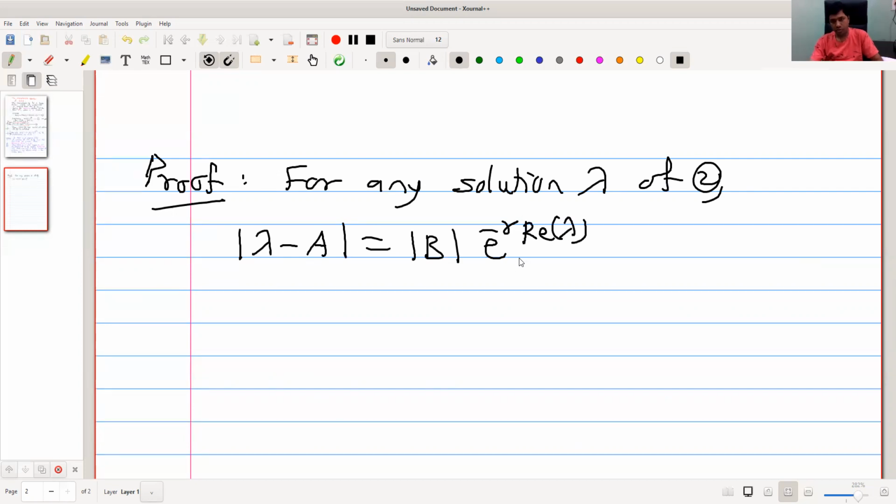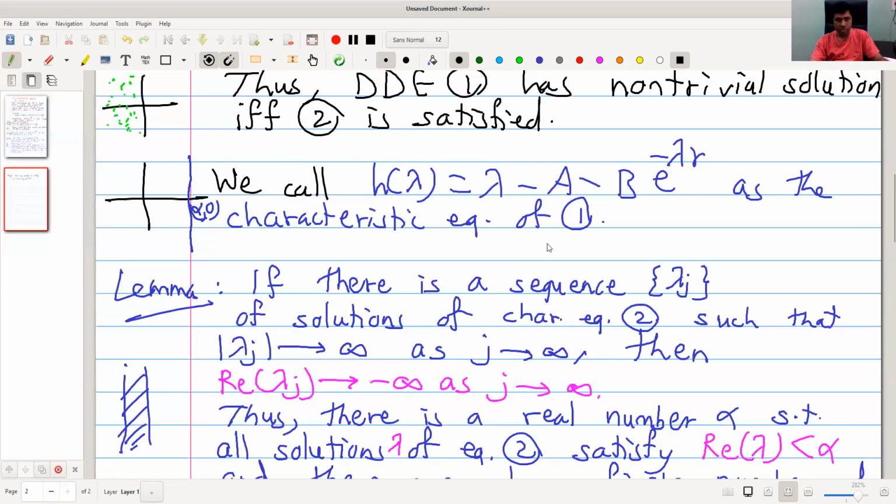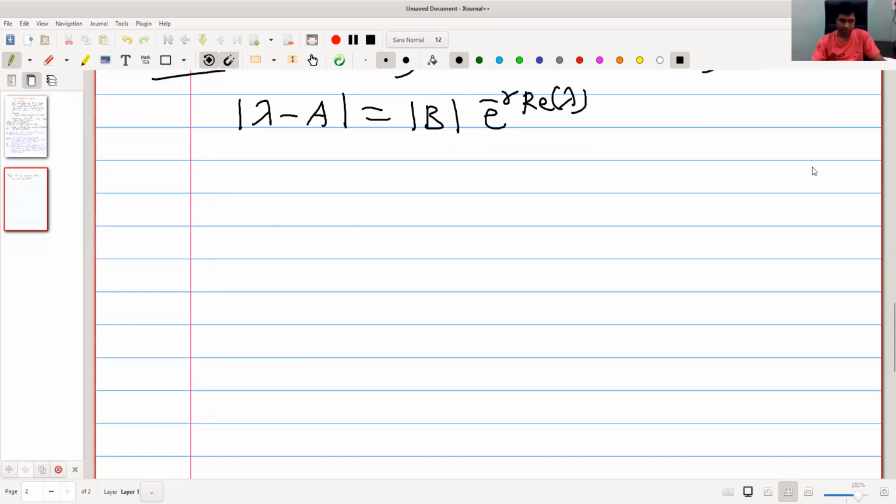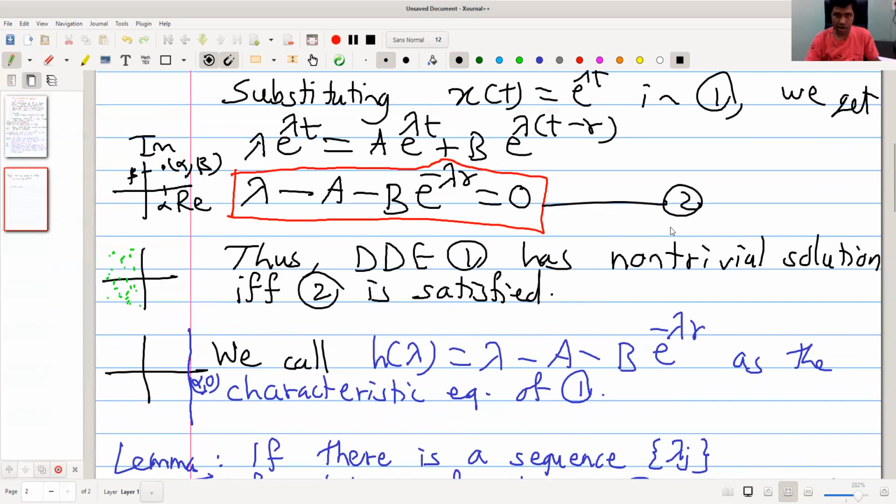How does this come? This is our characteristic equation. What is lambda minus a? Lambda minus a is nothing but b e raised to minus lambda r.